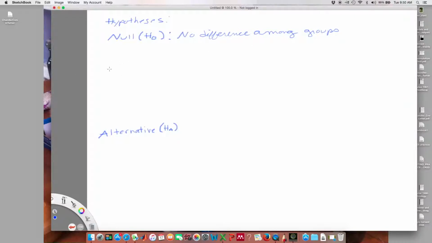So an example of this could be, say I'm looking at plant height at different populations in different states. So my null hypothesis would be the height of plants at our West Virginia site are not different than the height of plants at our Kentucky site.